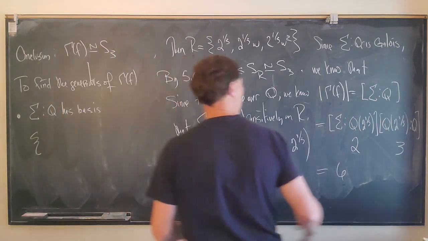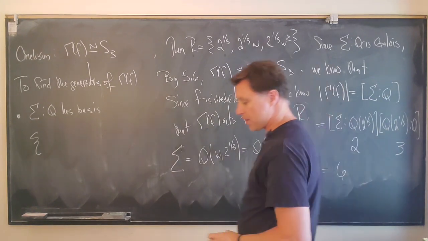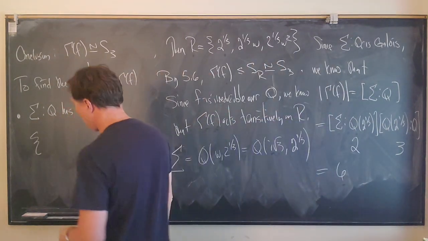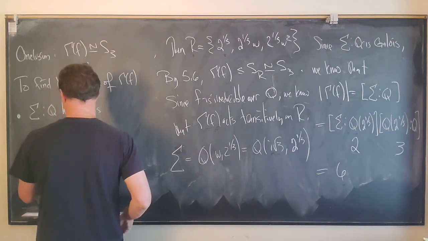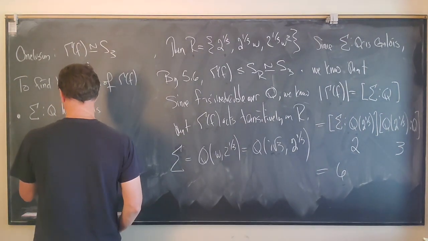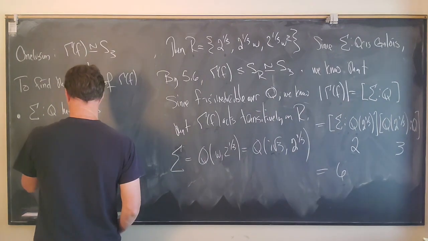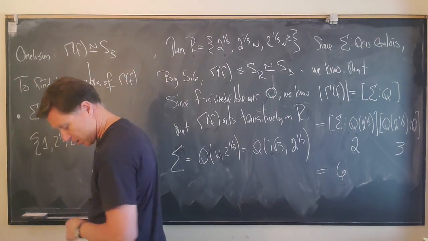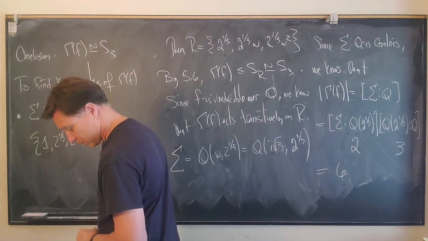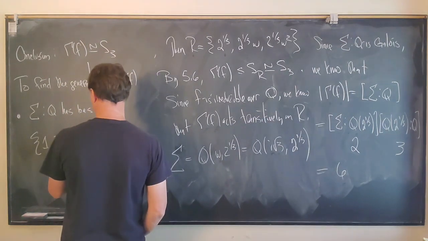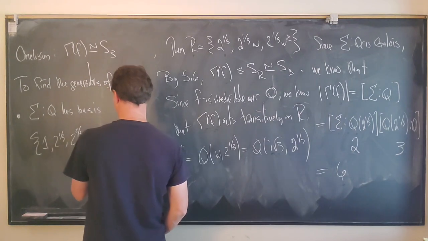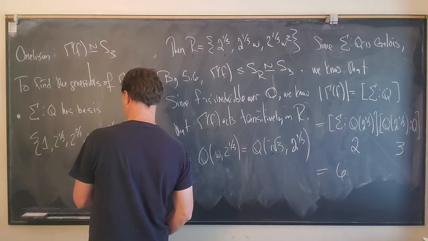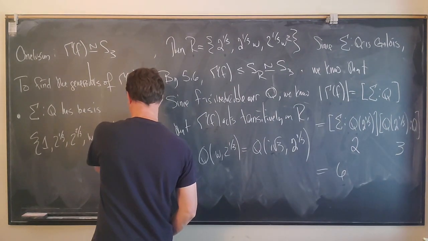We take the bases for these two extensions and we mix and match, and so there's going to be 6 basis elements: 1, 2 to the 1/3, 2 to the 2/3, and then we multiply these by omega. So omega times 2 to the 1/3, and omega times 2 to the 2/3.